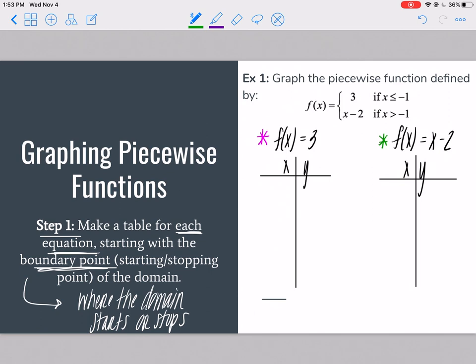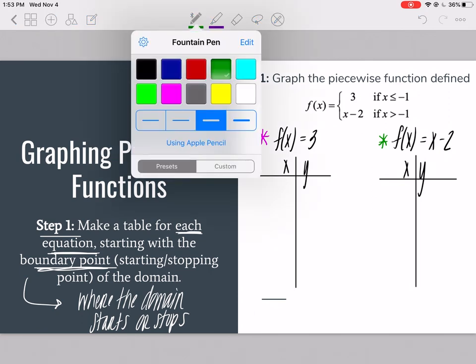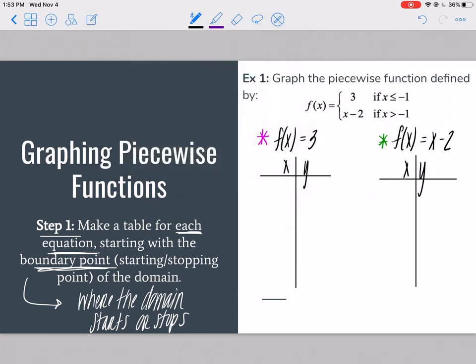You can even draw them in different colors if you want to, or put a different asterisk by it for when graphing. If we look at the boundary points here, f of x equals 3 for the domain that is x less than or equal to -1. Less than or equal to -1 starts at -1 and goes to the left on a number line, all of those negative values further negative than -1.